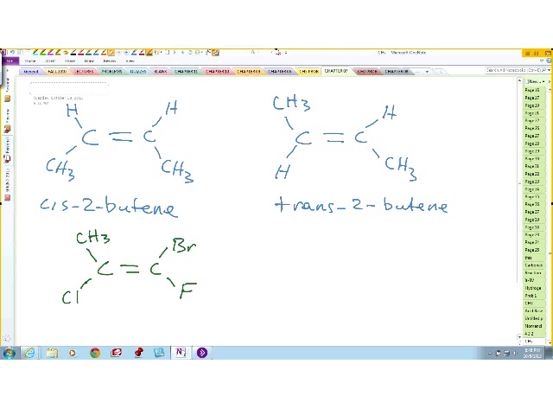We cannot. Cis-trans in relation to what? So because of this kind of situation, we have to use a new system, which you guys already know, what we call the E-Z system of nomenclature.